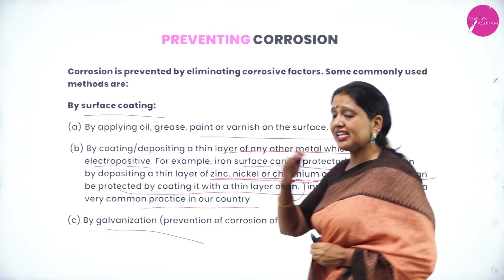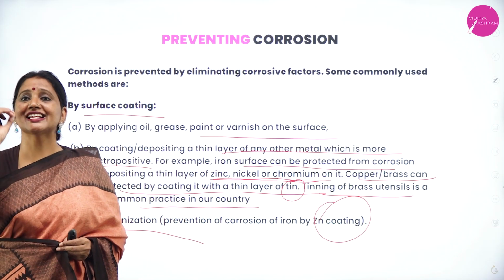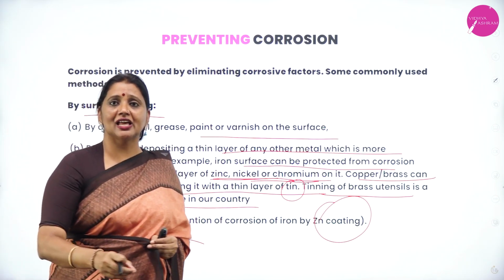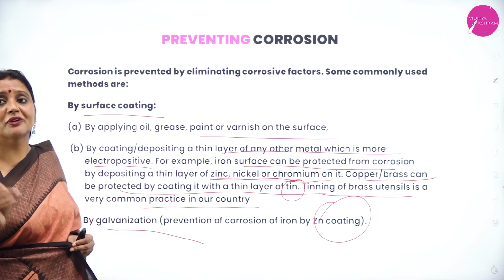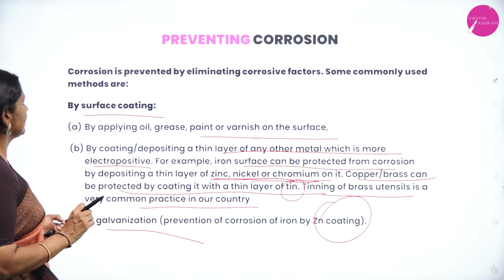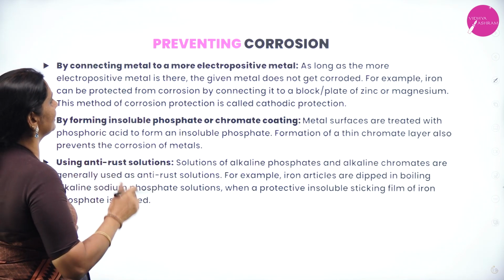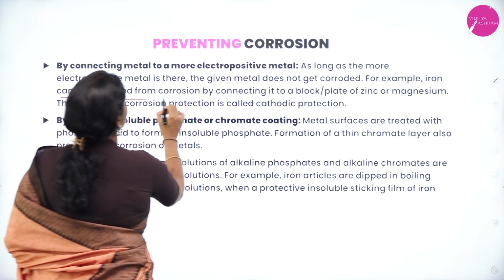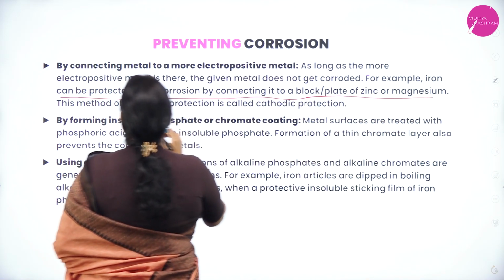When you coat zinc on the surface of iron to prevent corrosion, that phenomenon is called galvanization. Next, by connecting the metal to a more electropositive metal. For example, iron can be protected from corrosion by connecting it to a block or plate of zinc or magnesium.